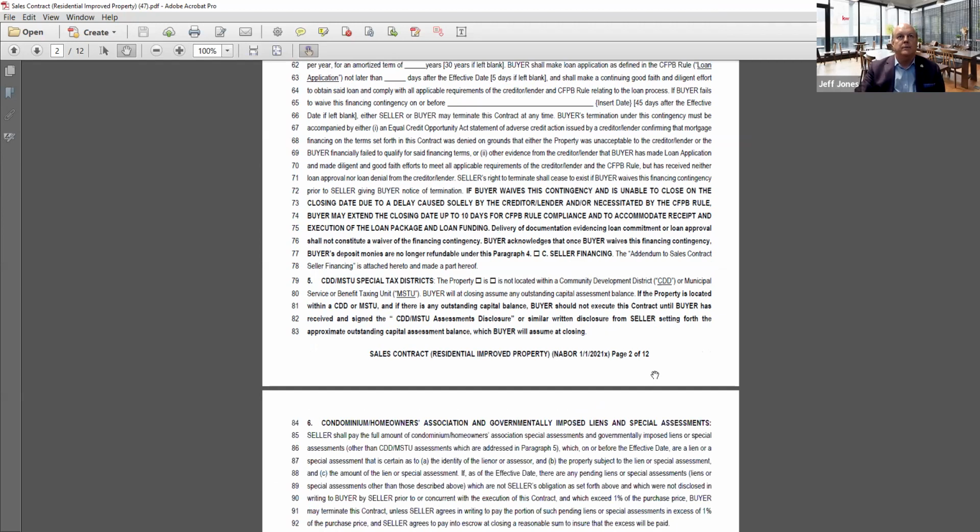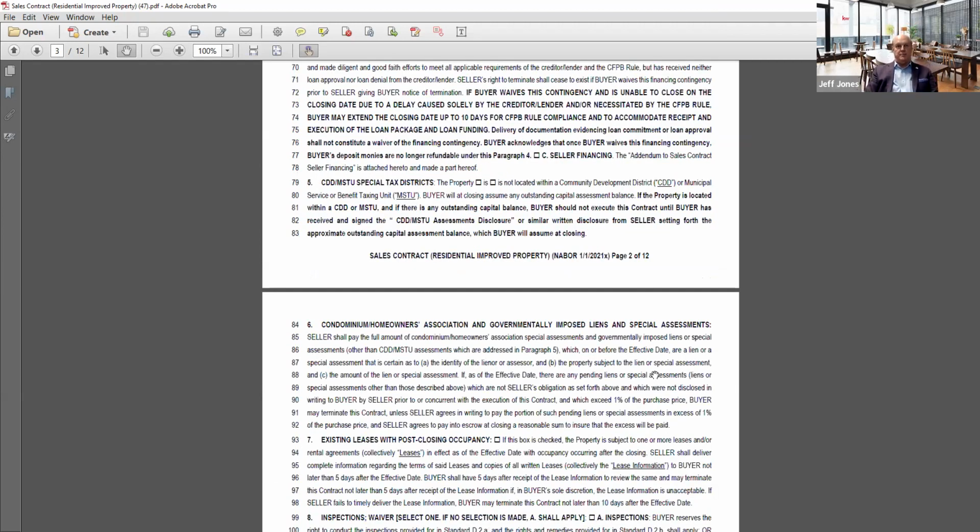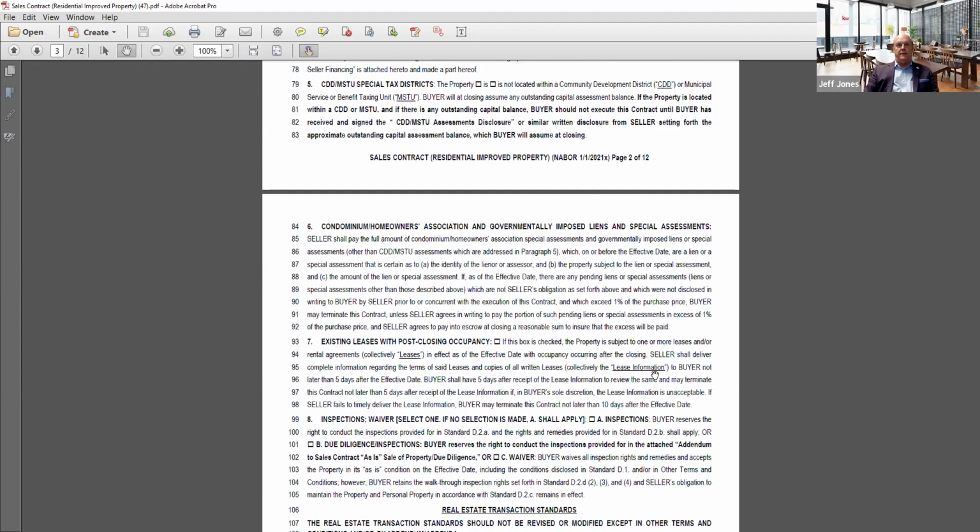We get down here now to assessments. There's another sticky wicket. So if there are assessments for the condo or homeowners association and they have been levied already, in other words, they're already in place or will be in place by the effective date, then the seller is responsible for dealing with all of that.